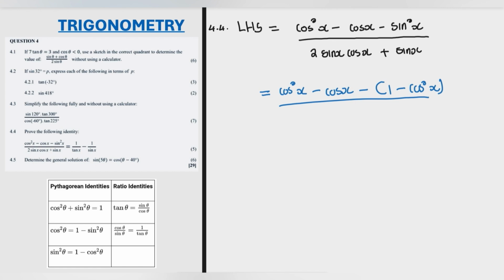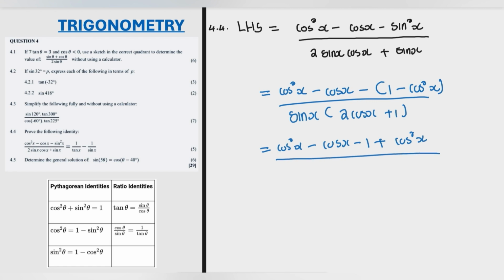So we're going to have sine x times 2 cos x plus 1. Whenever you factorize, when you multiply back in what you factored out, you must get exactly what you initially had. Simplifying our numerator, it's going to be cos square x minus cos x minus 1 plus cos square x, all divided by sine x times 2 cos x plus 1.